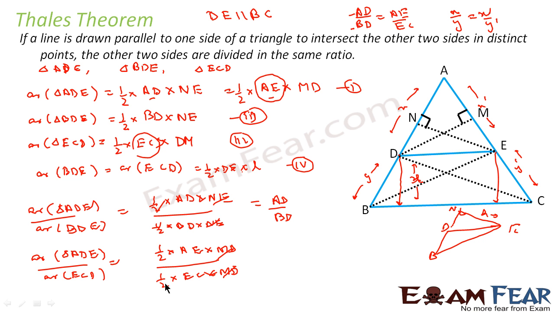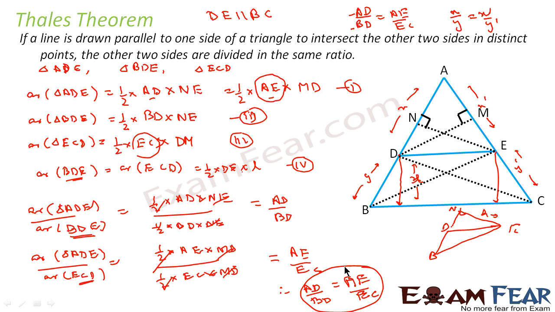MD cancels, 1 by 2 cancels. So this becomes AE by EC. Correct? And if you see, both are the same actually. Why? Because area of BDE is equal to area of ECD, and the numerator is the same, area of ADE. Therefore, we can say that AD by BD is equal to AE by EC.